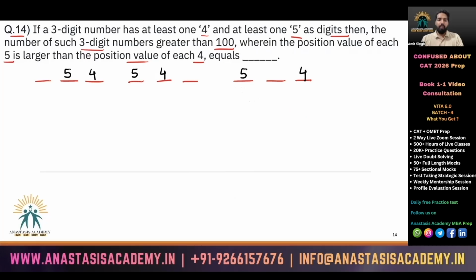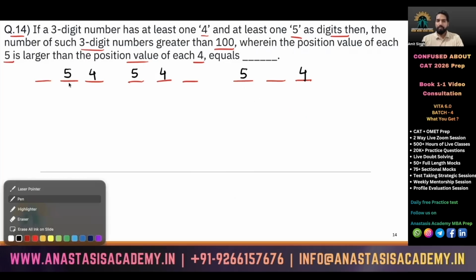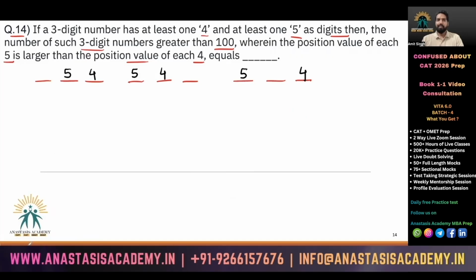Now we need to find the number of such numbers. So let's see, for the first case, because I need numbers greater than 100, I can place numbers. Let's make them separately, right? The case where this number consists of only 4s and 5s would be, the first case would be 554, right?